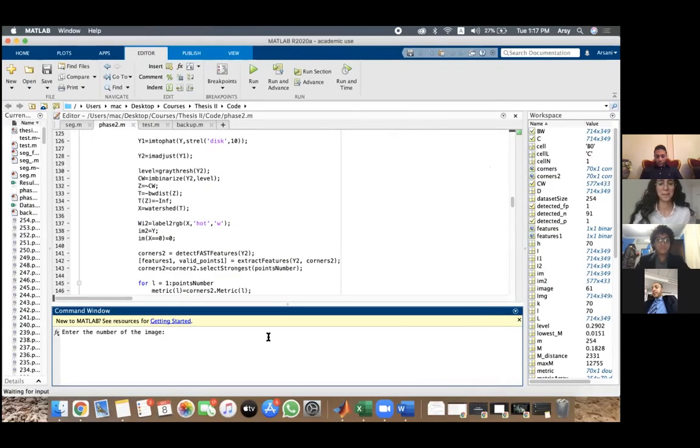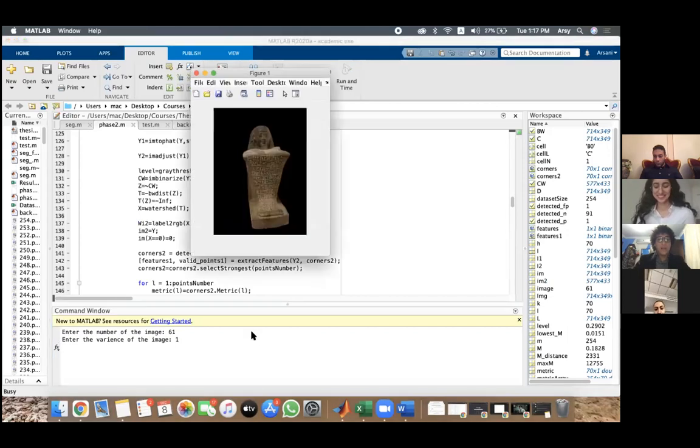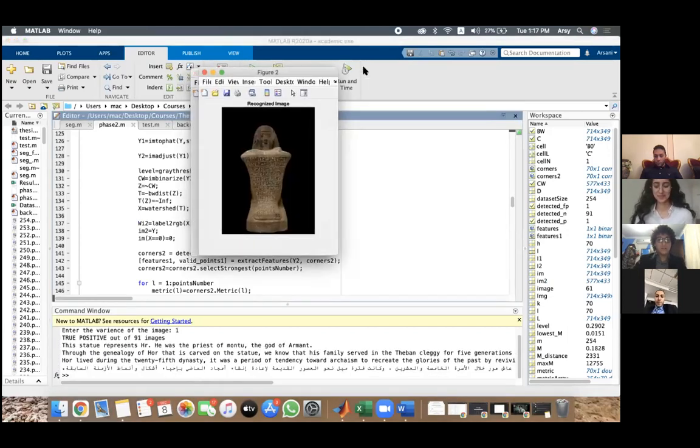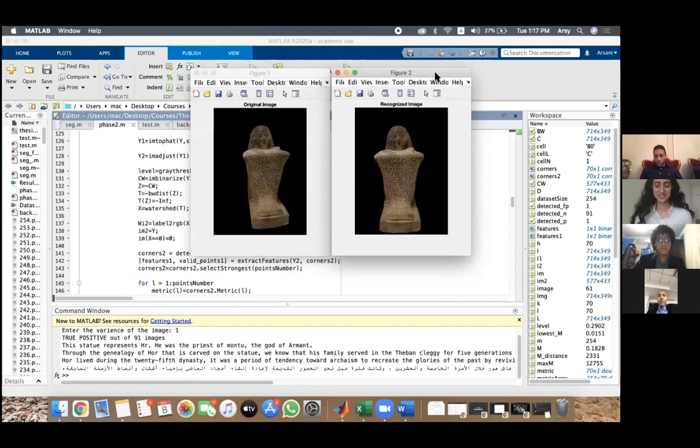As we can see, the inputs to be entered are the image number, which we could enter as 61, and the variance of the image, or angle, so one. And the image is recognized, as we can see from figures 1 and 2. The same image was recognized, and a brief about the image is shown in the English and the Arabic languages.